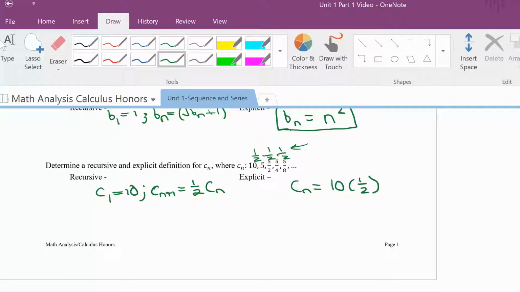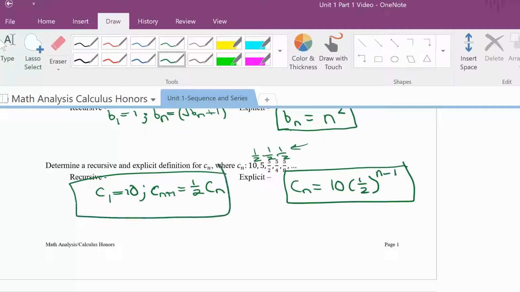And if you multiply 1/2 to the second power, 1/4 times 10 is 5/2. So notice you just need the n minus 1 power there. So if it's the first term, you need 1/2 to the 0. If it's the second term, you need 1/2 to the 1. And third term, you need 1/2 to the 2, the second. So that's the explicit formula for that one.